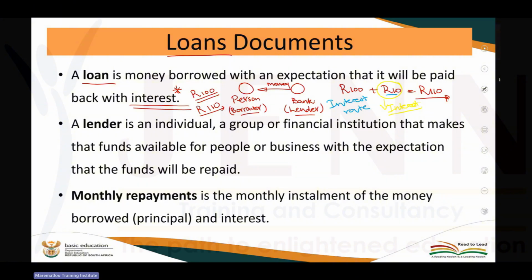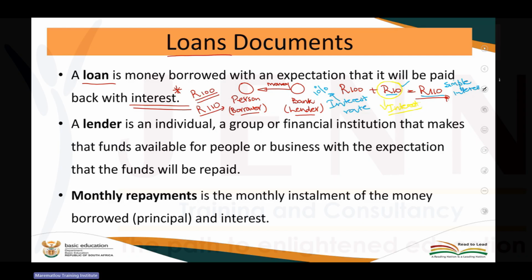For them to say you must add 10 rand, it means their interest rate was 10%. What is 10% of 100? It is 10 rand. That's why you'll have to bring it back as 110. But this is simple interest. We call this just simple interest.